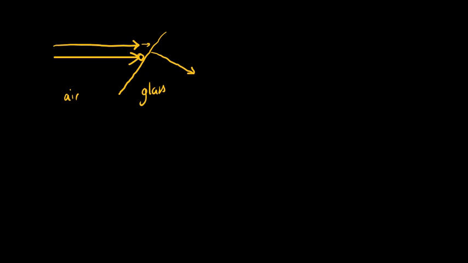Okay, so what we also need to have a think about is what happens at the other end of this. So let's say, for example, my ray of light is traveling in the glass, and then it moves back into the air again. Well, in this scenario, let's go back to our shopping trolley again.